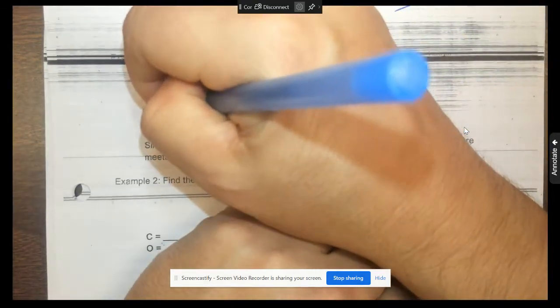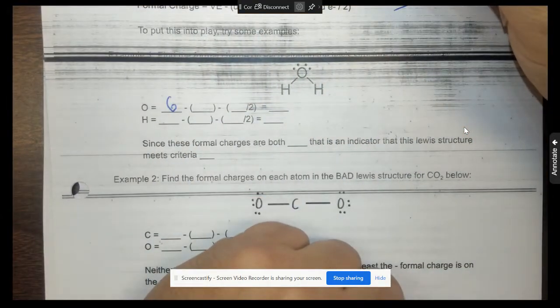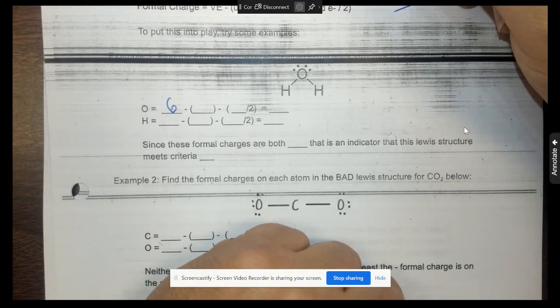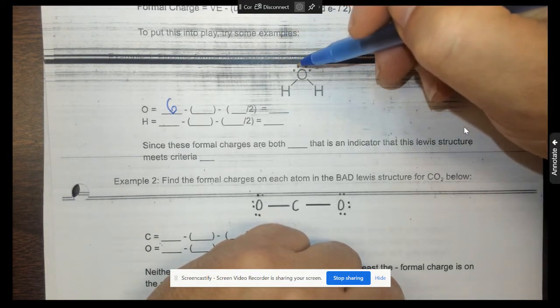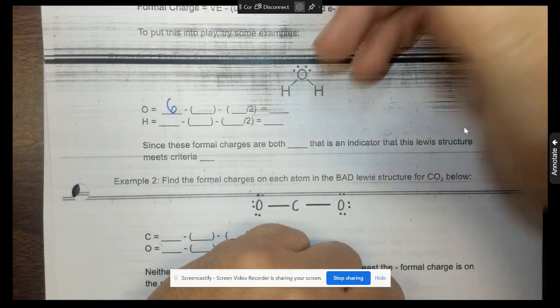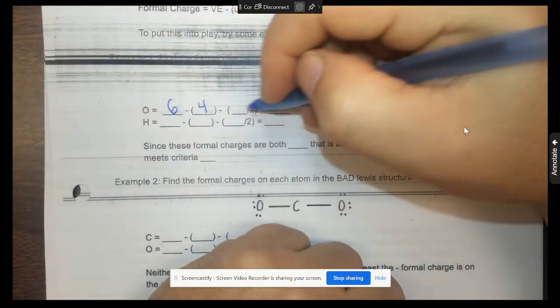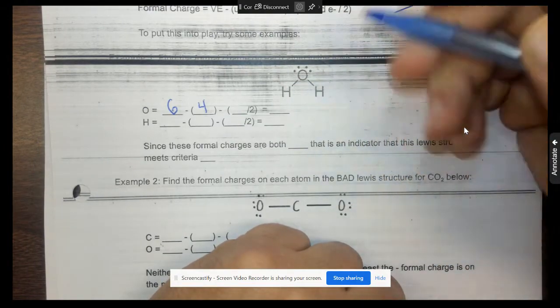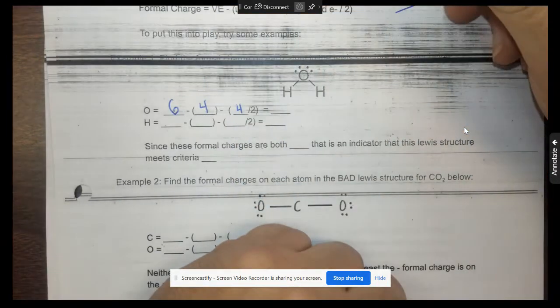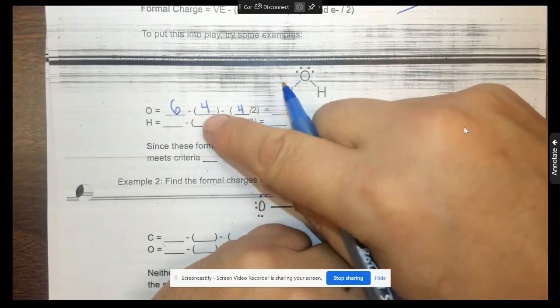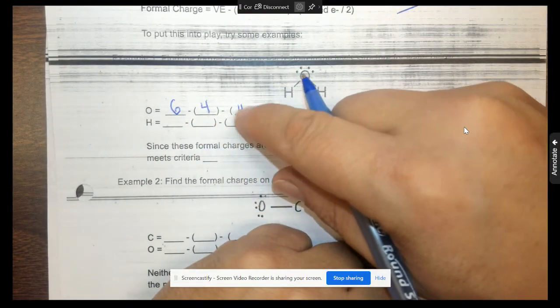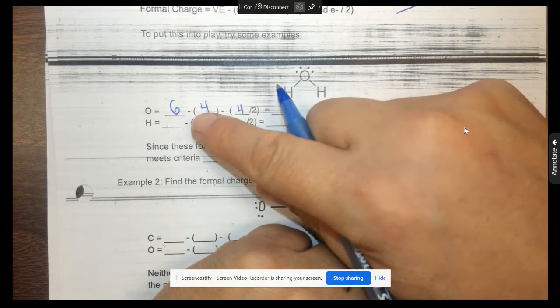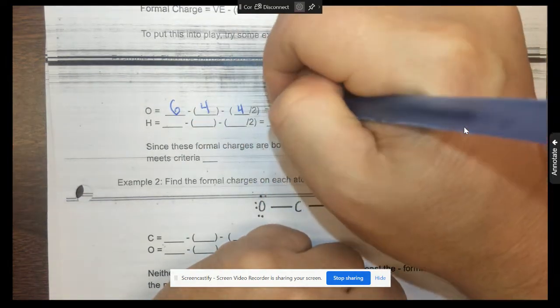He has 6 valence electrons, minus how many unshared electrons does it have? 1, 2, 3, 4. Minus how many shared electrons does it have? 2 and 2 is 4. Do your arithmetic. 6 minus 4 is 2. Minus 4 divided by 2 is 2. So 2 minus 2 is 0.